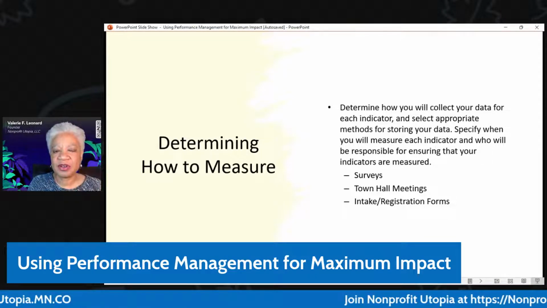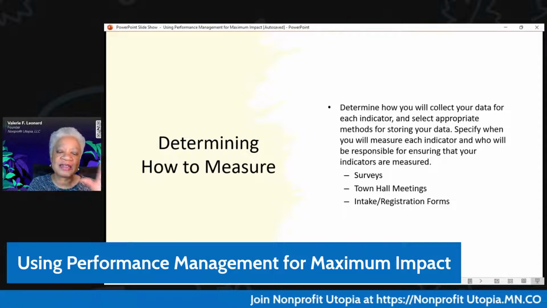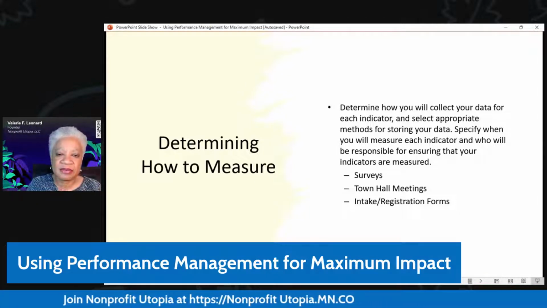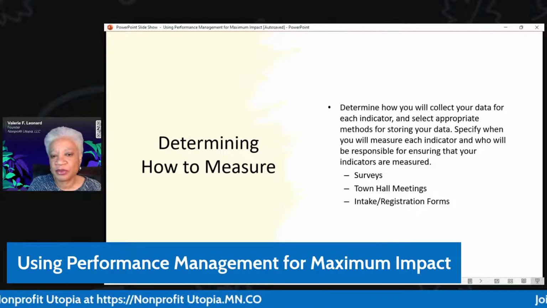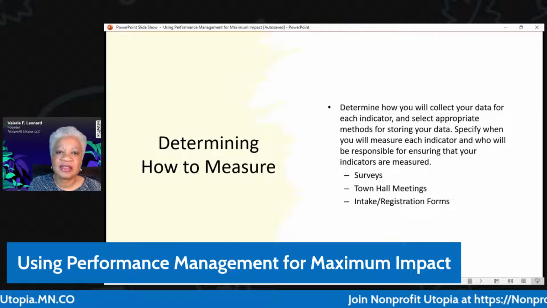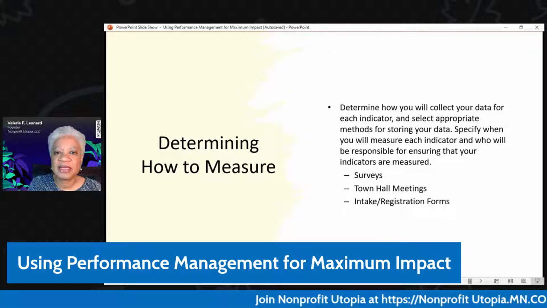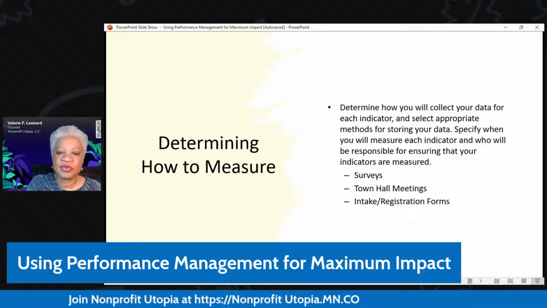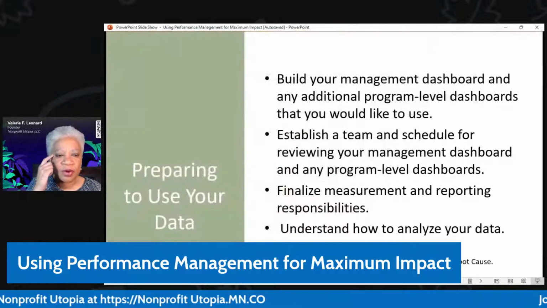In fact, you determine how you're going to measure your progress looking at the outcomes, and then you look at the data that you need to collect, and then you have to determine how you're going to measure it, right? So you can use things like surveys, the information that you get from town hall meetings. You can use attendance. You can use intake and registration forms.